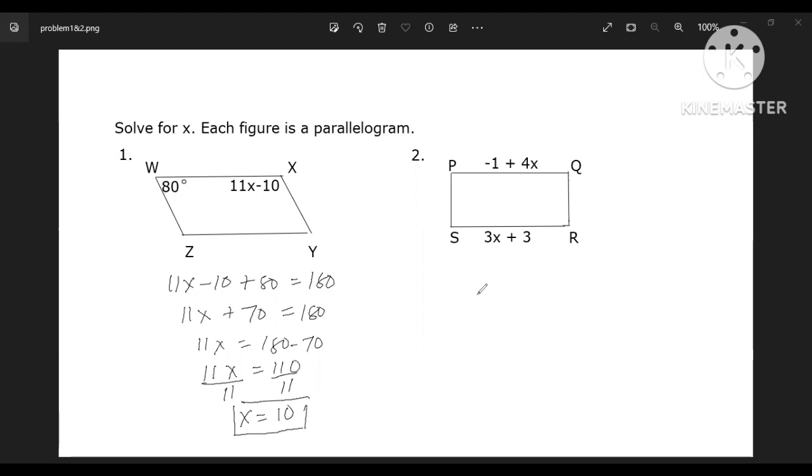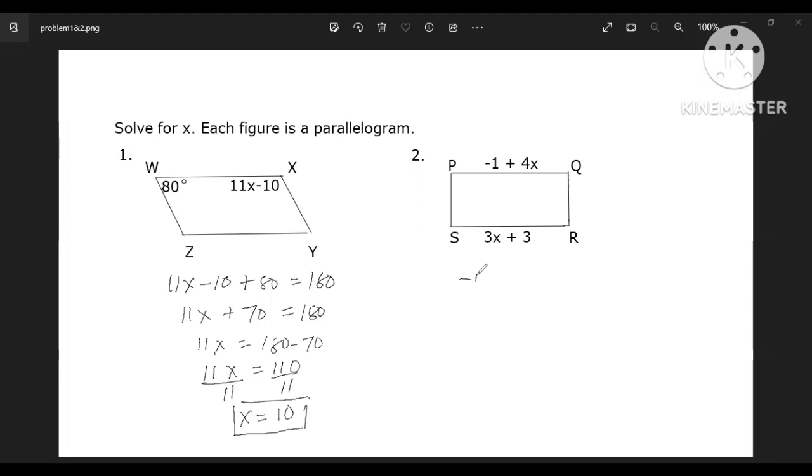Now let's go to number 2. We are given the parallelogram PQRS with two sides given, negative 1 plus 4x and 3x plus 3. Remember that one of the properties is that opposite sides are parallel and congruent. And therefore, side PQ and side SR are congruent.